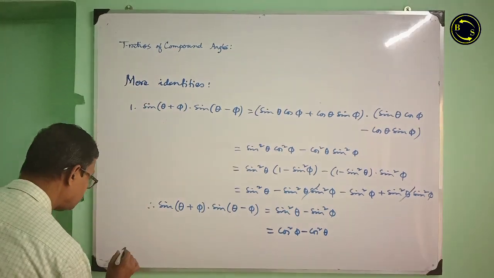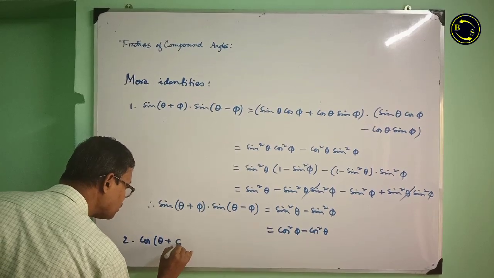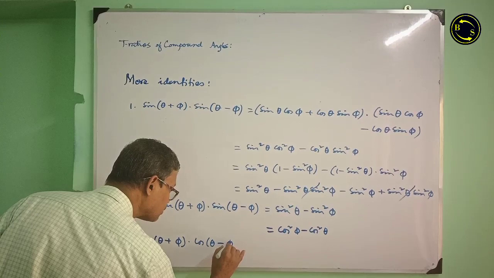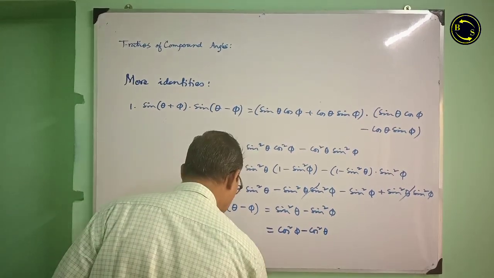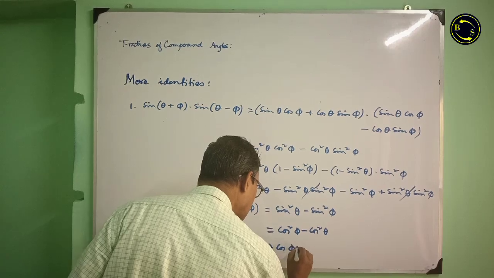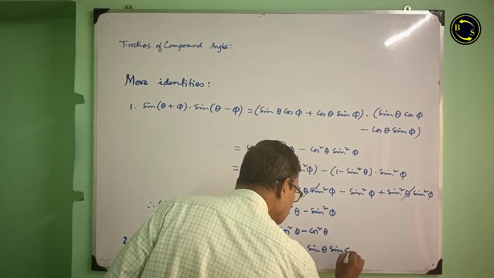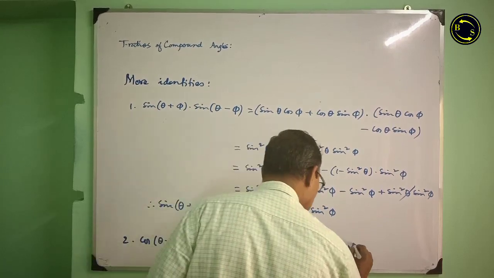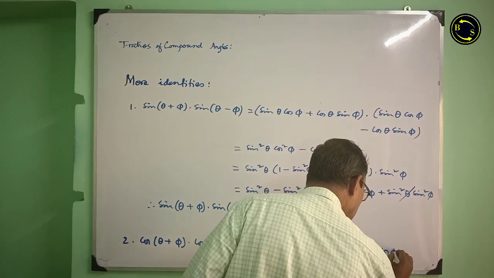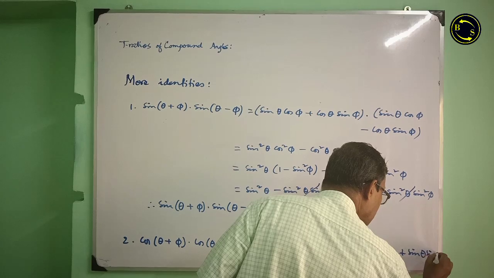Now, the other one, cos of theta plus phi into cos of theta minus phi. Put the values: cos theta cos phi minus sin theta sin phi into cos theta cos phi plus sin theta sin phi.